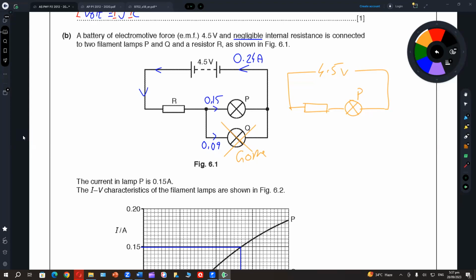Now P will get more voltage along with the resistor. So as the voltage across P increases, what will happen? Definitely the circuit will be overloaded and temperature will increase. Due to the increase in temperature, the resistance of P will increase.